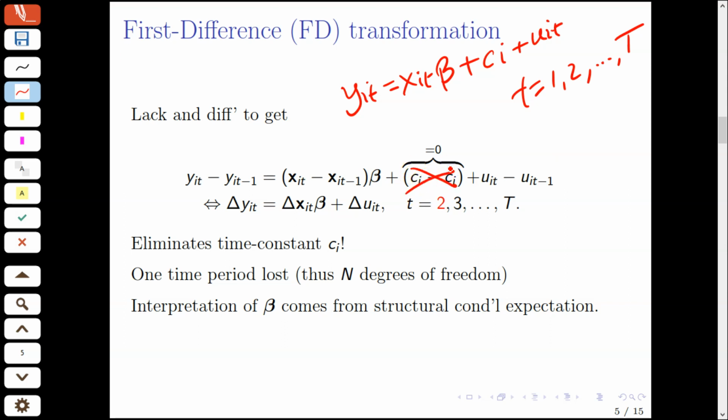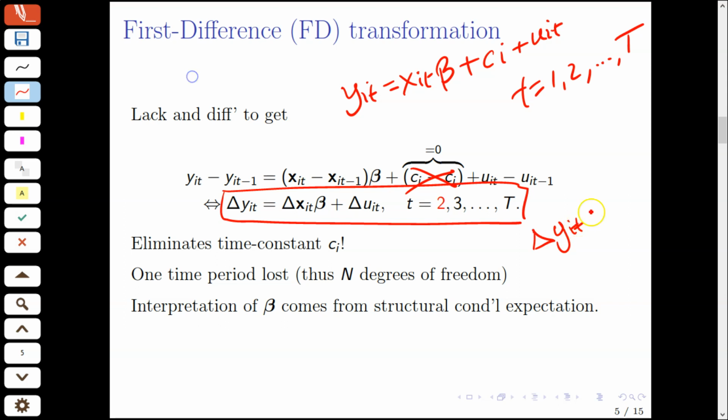Again, we've successfully eliminated the time constant c_i from our equation, this time around arriving at an estimating equation which is linear in the parameters, but expressed in terms of variables which are stated in first differences. So here our delta notation, for example, delta y_it, is short for y_i in period t minus y_i in the preceding period.